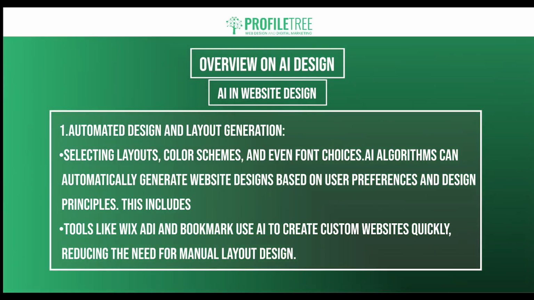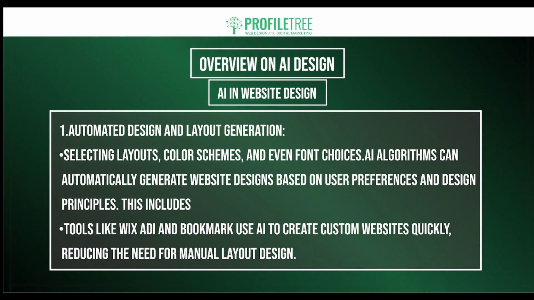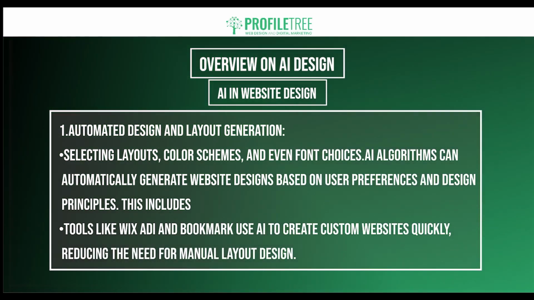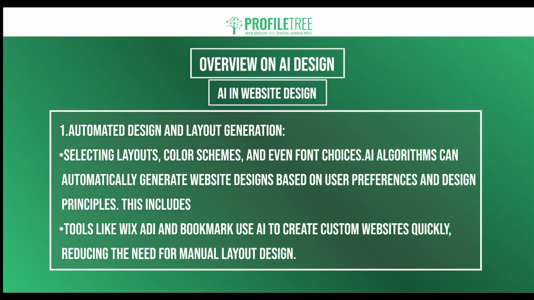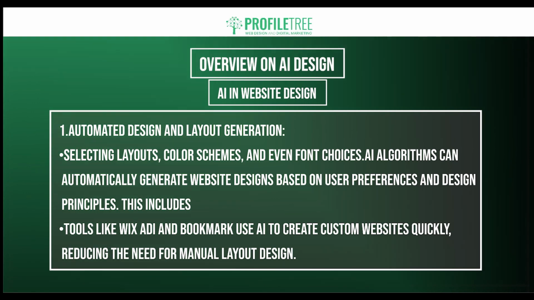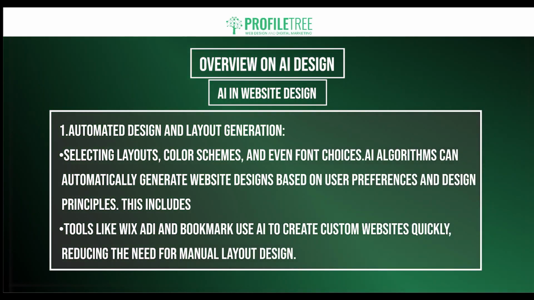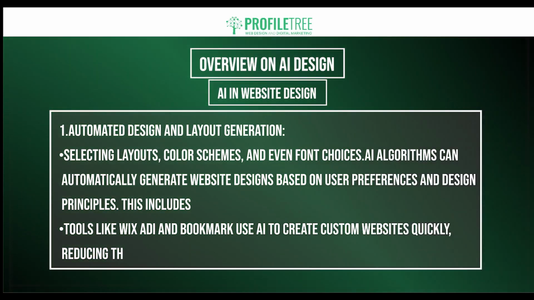You have tools like Wix ADI, and you also have platforms like Squarespace that uses Squarespace AI to help with the generation of custom websites as well as custom content. And that reduces the manual layout for design and content.